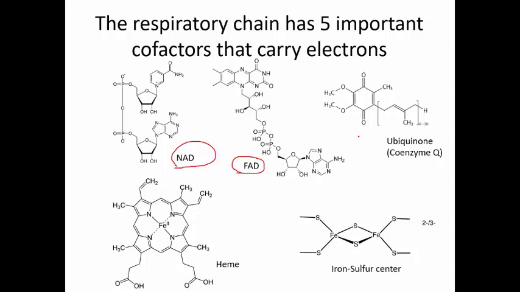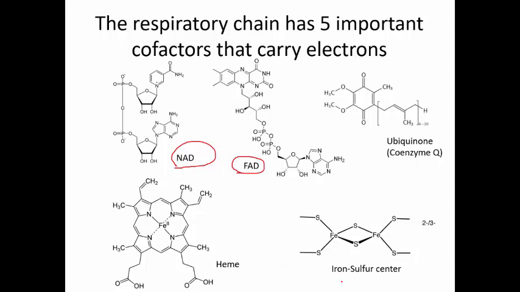Another 2 that we've talked about, but not really in these terms: ubiquinone, or coenzyme Q. We talked about this when we talked about fats, because ubiquinone is a terpene, with these long isoprene chains. But we haven't talked about how it works as a redox reagent. And heme, which we talked about, of course, at length with hemoglobin and myoglobin, but again, we haven't talked about how it could affect redox reactions.